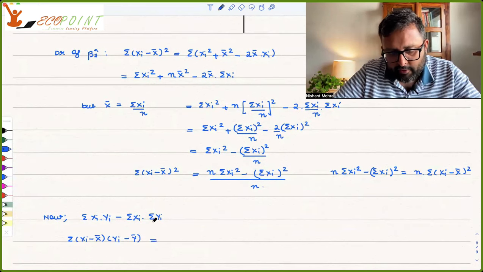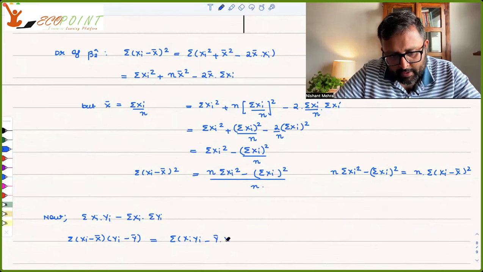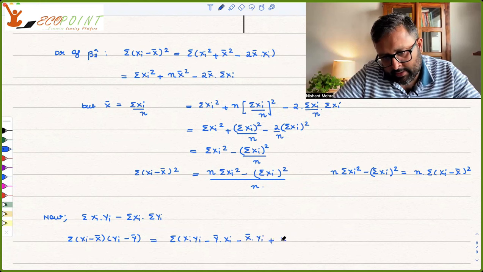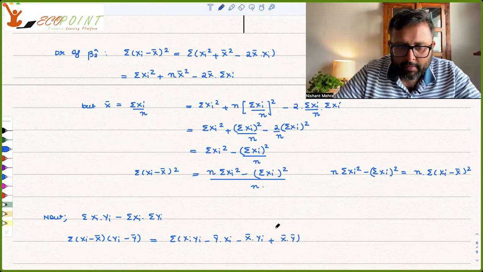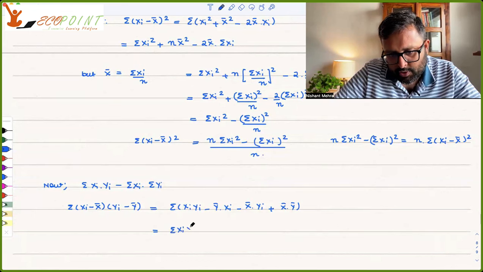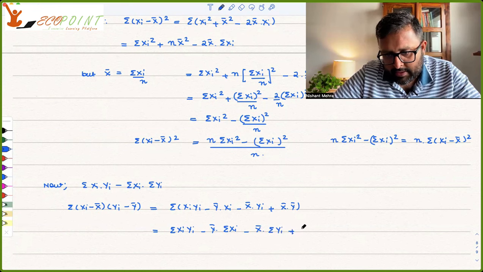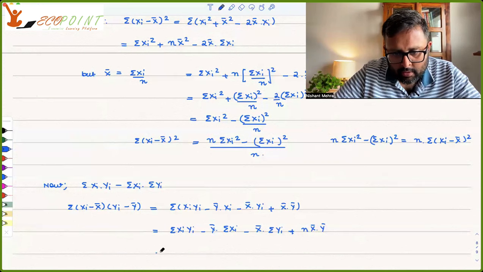If I open this up, then it will become summation of xi yi minus y bar xi minus x bar yi plus x bar y bar, like this. So what is this going to become? Summation of xi yi minus y bar summation of xi minus x bar summation of yi plus n x bar y bar, like this.